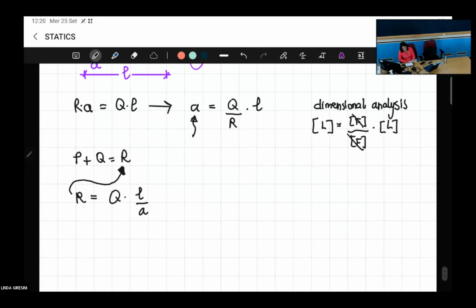It's clear. And therefore you have P plus Q equal to Q times L divided by A.